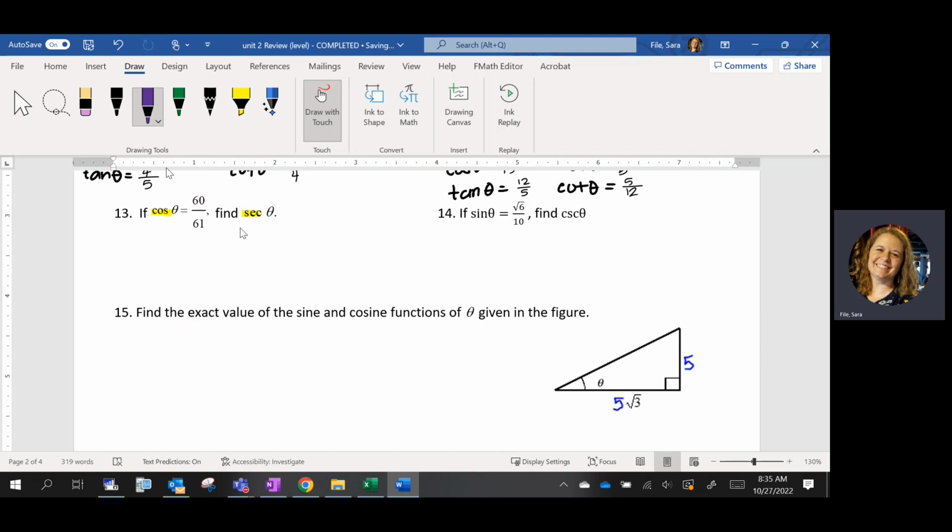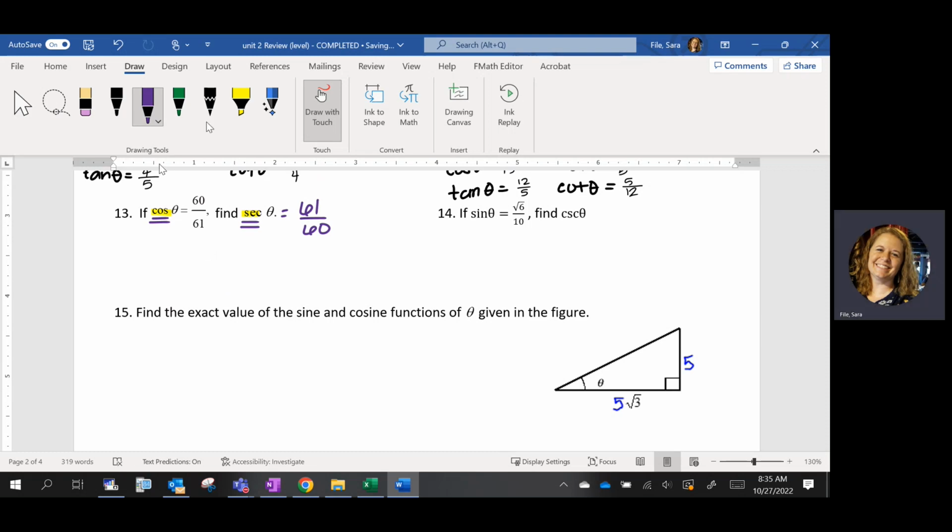I don't need it. I just have to flip it. So this is simply 61 over 60. So pay attention to if the ratio that you're given and the one that you're asked for are reciprocals of each other. That's a simple flip the fraction. You don't have to draw and label the triangle and find the third side with Pythagorean theorem because you don't need the third side.